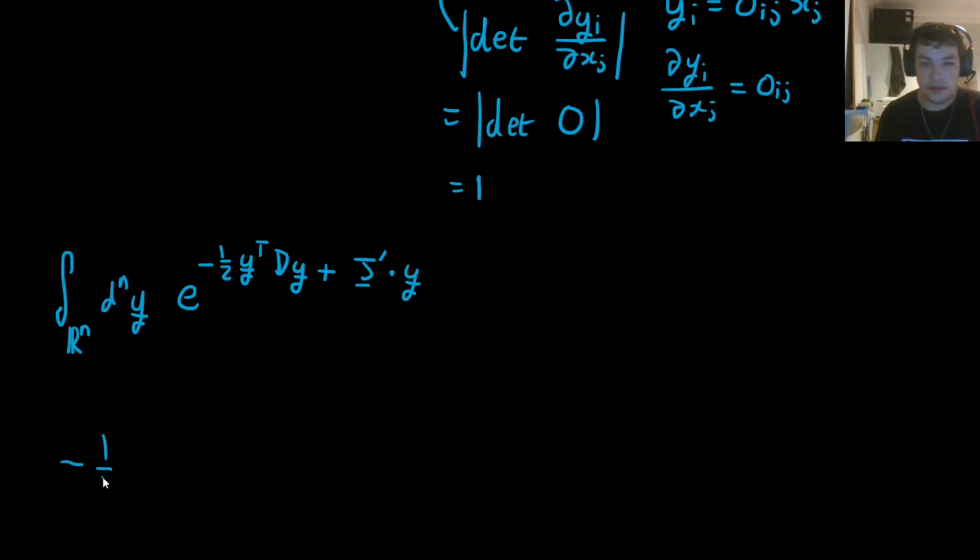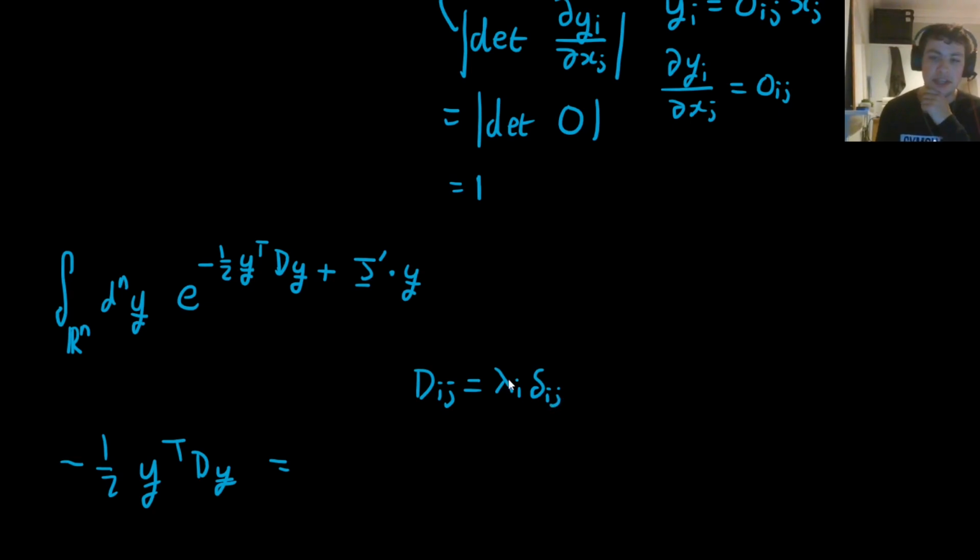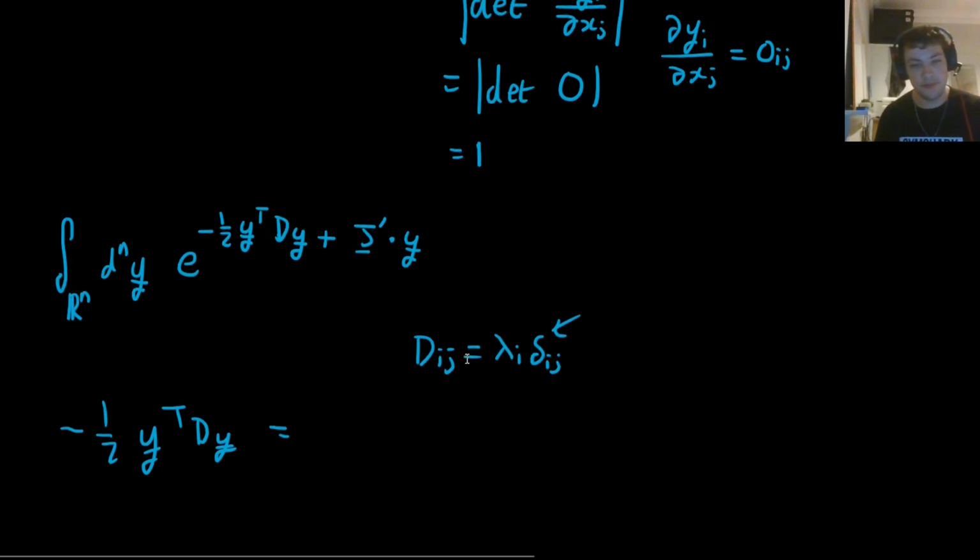Minus 1/2 y transpose Dy is equal to, because D is diagonal, we find that Dij is lambda i delta ij. So this thing selects out i equals j, and then it's 1. If i is not j, it's 0.